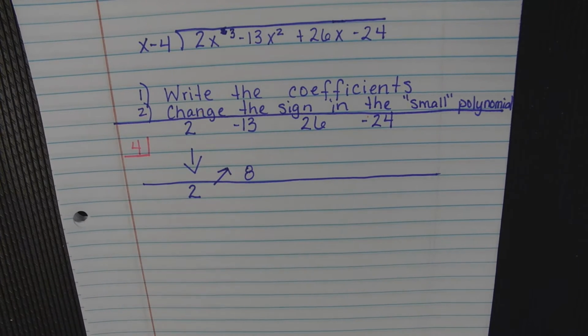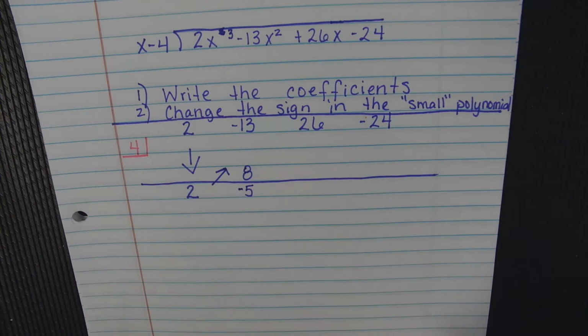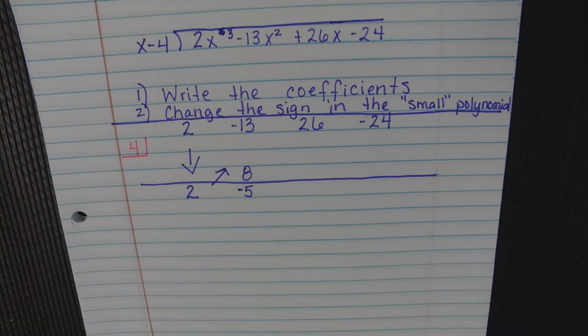Negative 13 and 8. Add those together and you get negative 5. Okay. There's a pattern, there's a process. So going back, I said 2 times 4. So what do you think I'm going to do to this negative 5? Yep. What's negative 5 times 4?